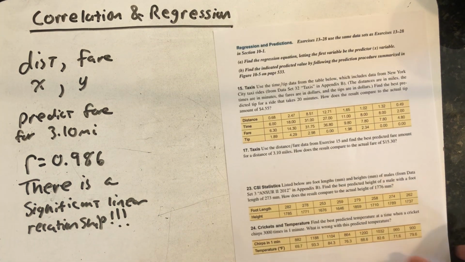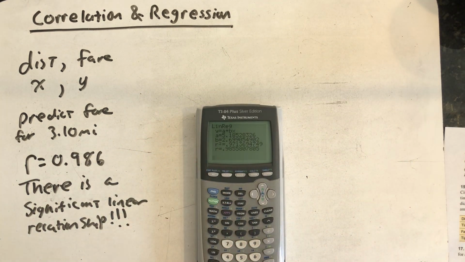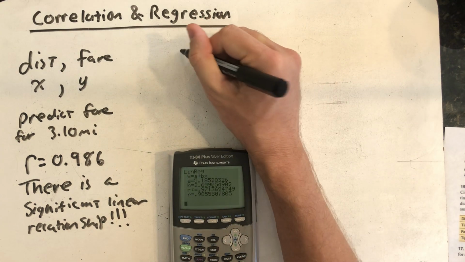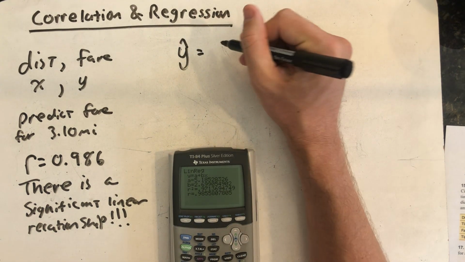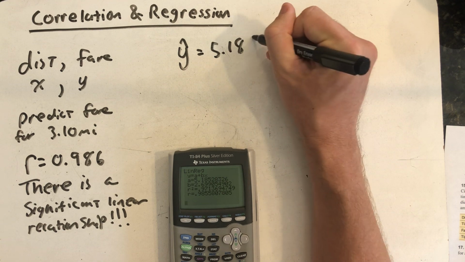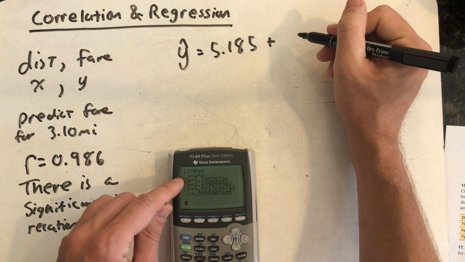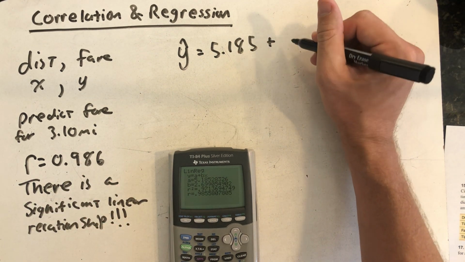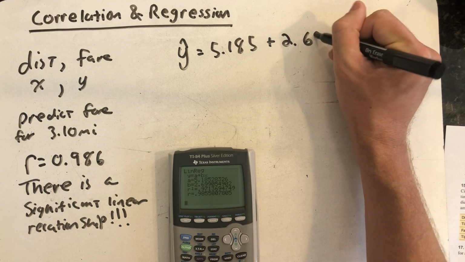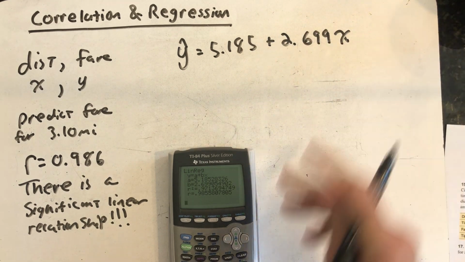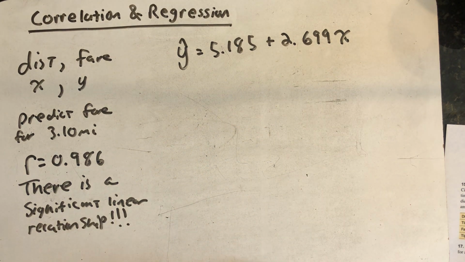All right, so this time I do get to not only write down my regression equation, I get to use it. So just picking off a and b here, so I have a plus bx. And I'm actually going to get to use this to make my prediction this time.